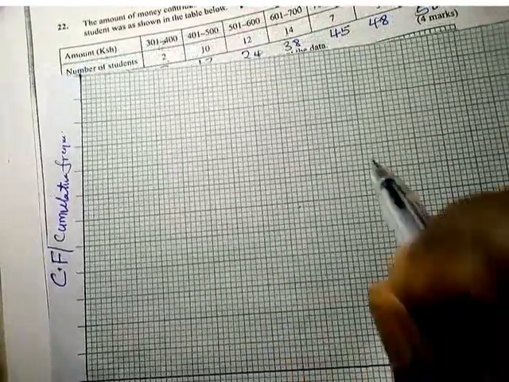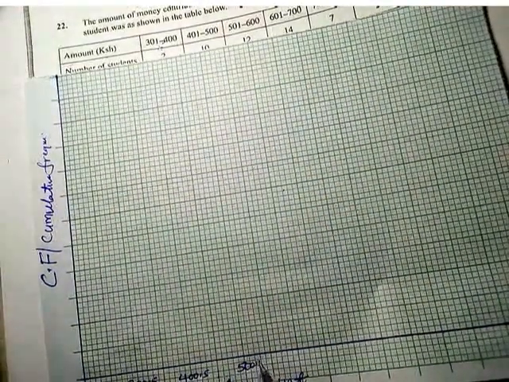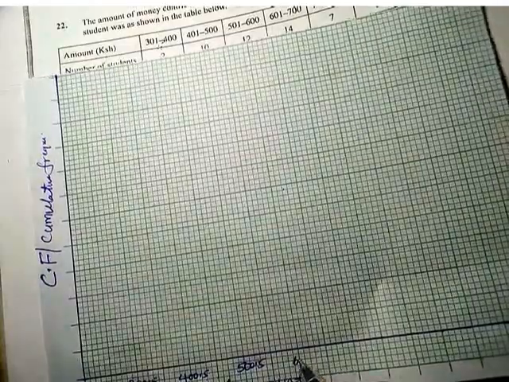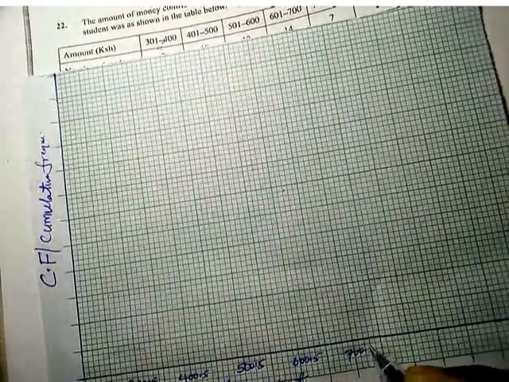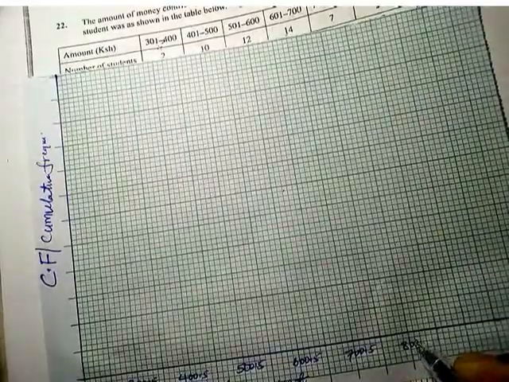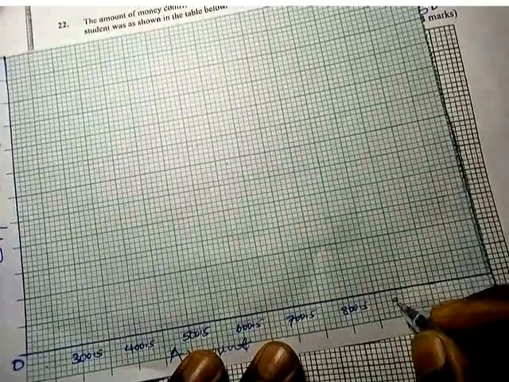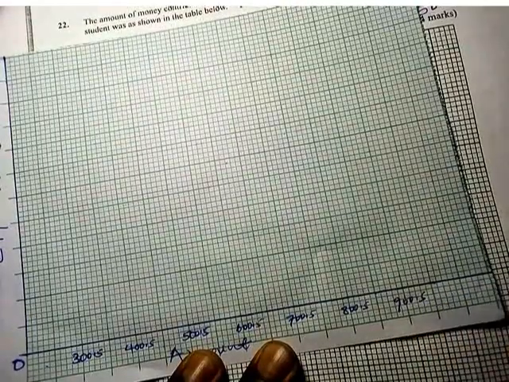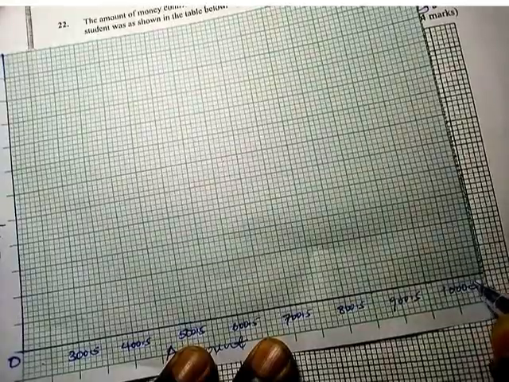Now we go like that, 500.5. The lower limit, 600.5, 700.5, 800.5, because the class interval is the same, is uniform, 900.5, and then 1000.5.